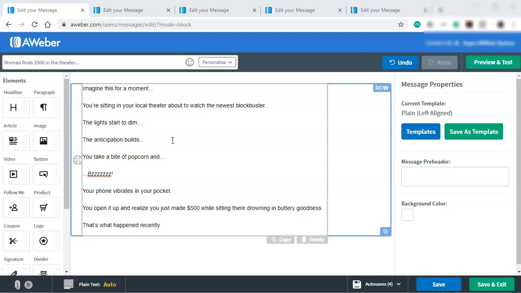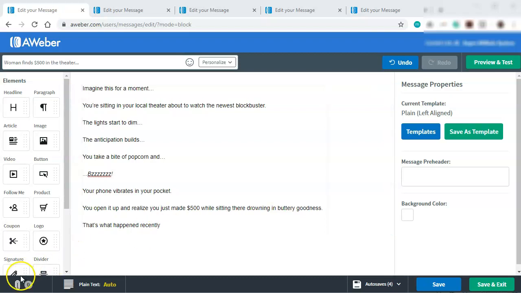Her phone was vibrating in her pocket, and she saw that she made $500 by sitting there drowning in buttery goodness. And then you need to give some kind of a conclusion, something in a sense, how you had the same experience or how you took this example and went to earn your own $500.